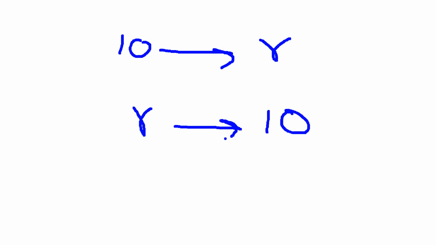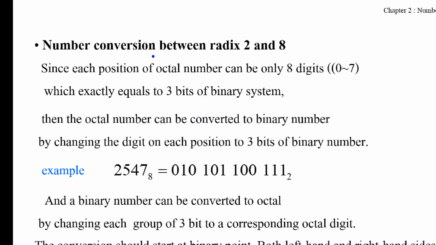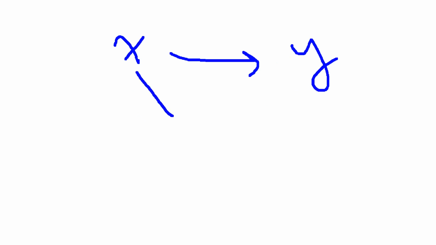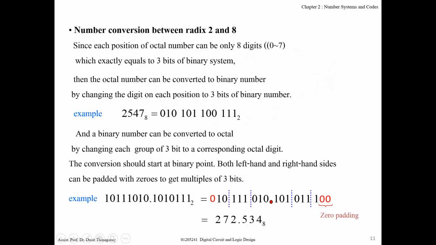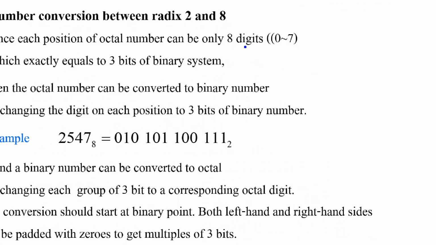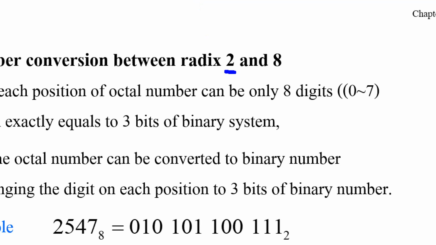That means you can convert any radix x to radix y by converting to radix 10, or decimal, first, and then converting to radix y. Okay, easy. So for example, if you want to convert radix 2 to radix 8, you convert to radix 10 first, and then convert to radix 8.